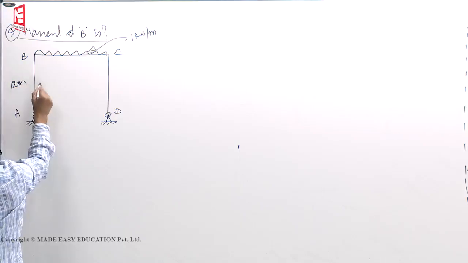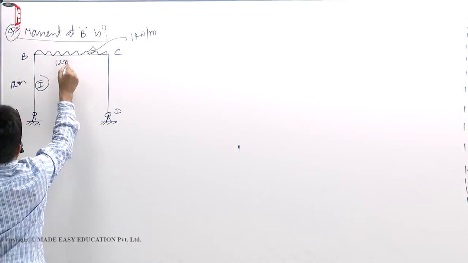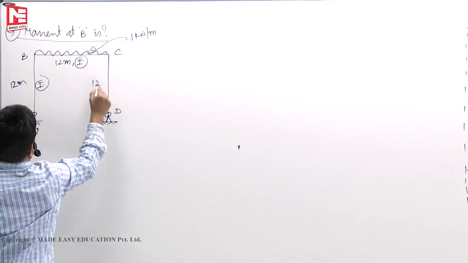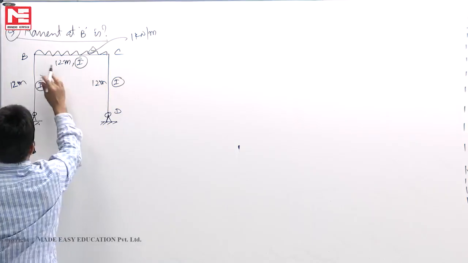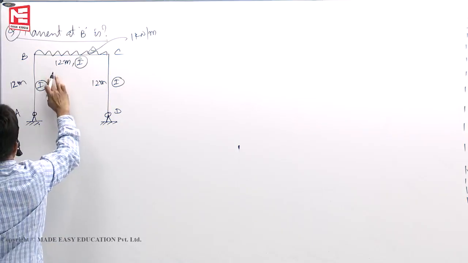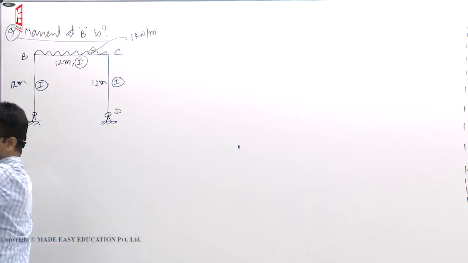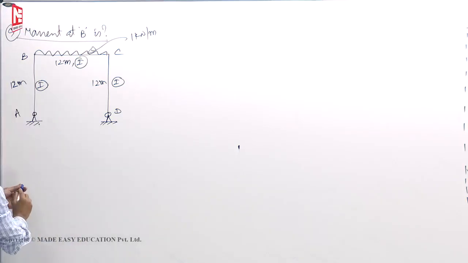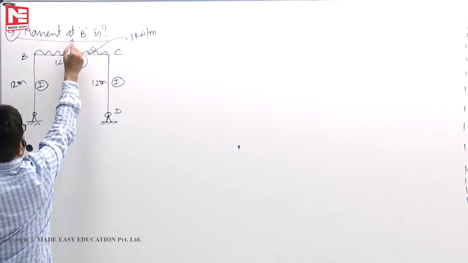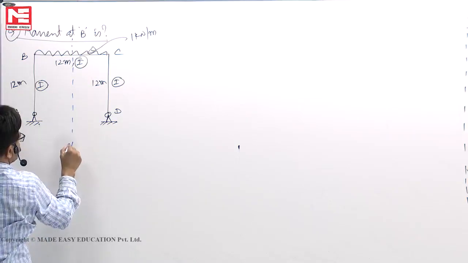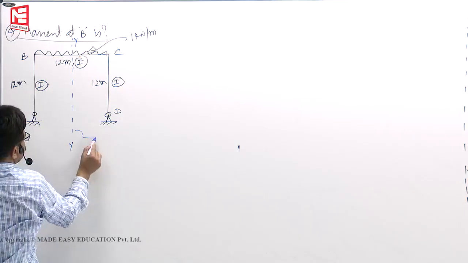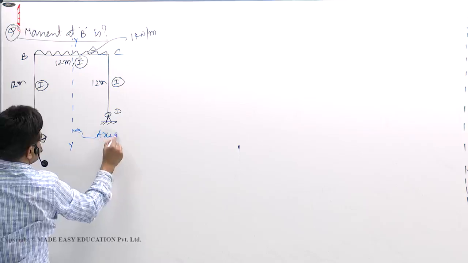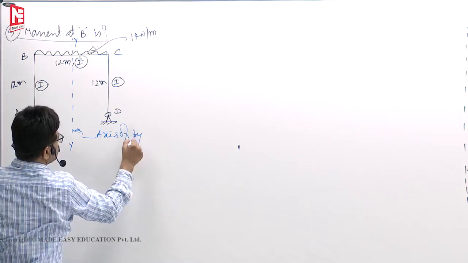This is 12 meters, I, 12 meters, I, 12 meters, I. Okay. Now you see this frame is symmetrical about the y axis. This is your axis of symmetry.